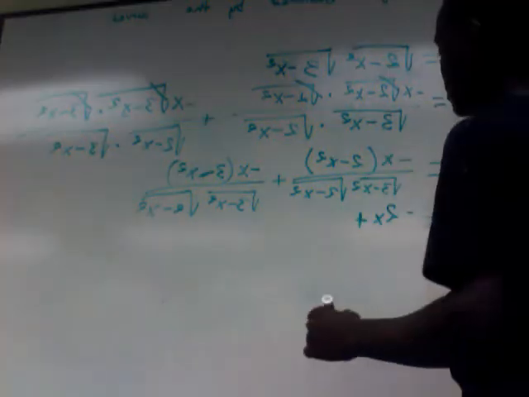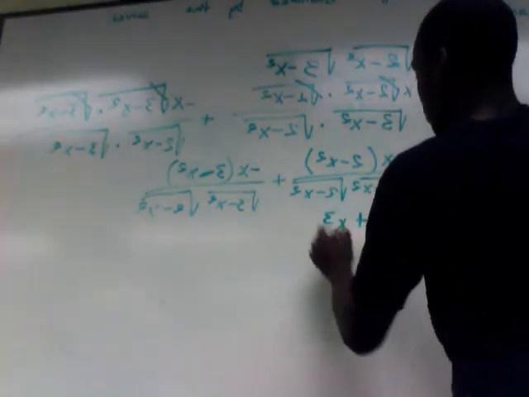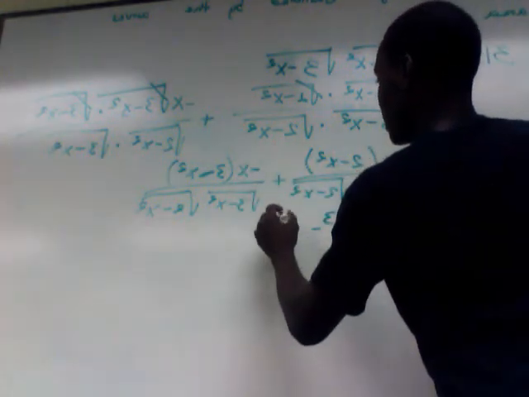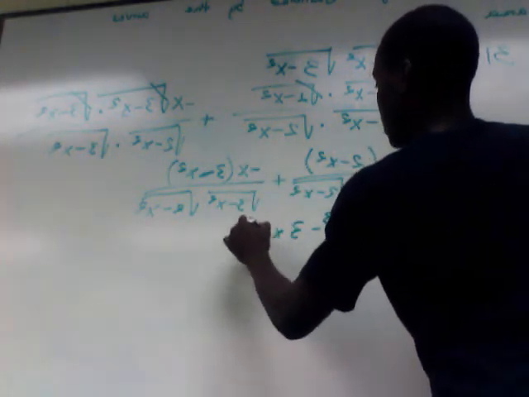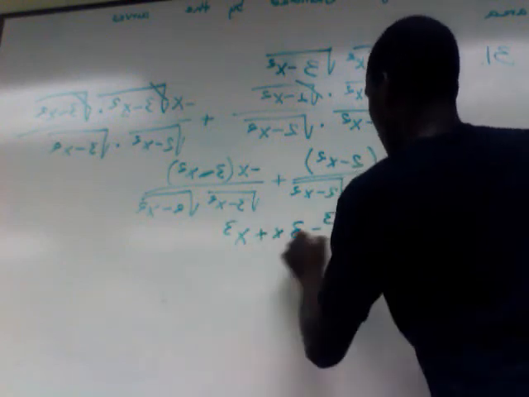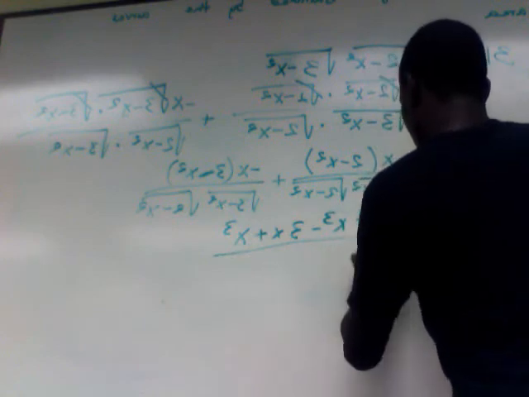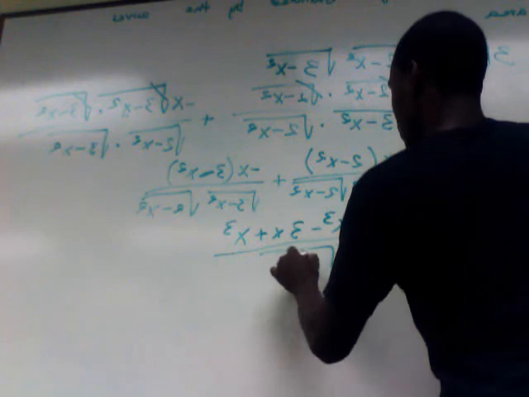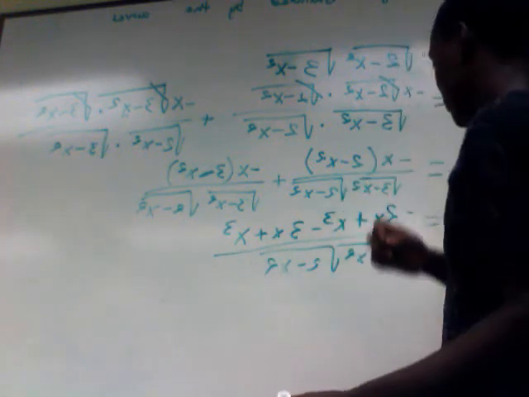So the negative times negative is plus x cubed right here, and then you get minus 3x plus x cubed over square root of 3 minus x squared square root of 2 minus x squared, right?